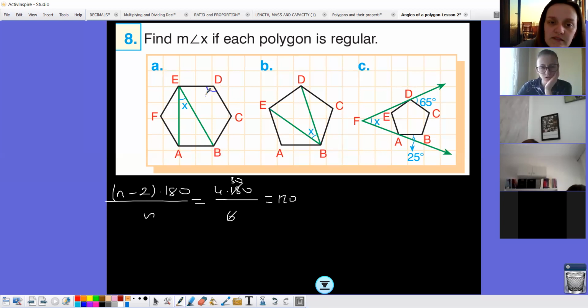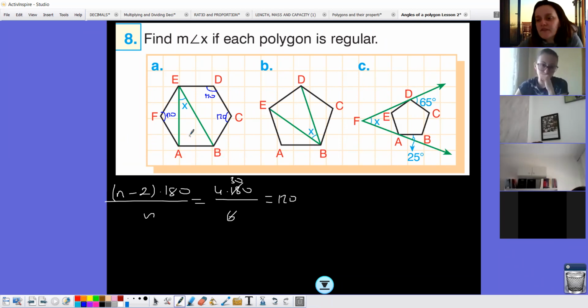Then what will we do? Teacher, all the others, these ones are 120. At the vertex, we can do 120 minus 90, and we can find it.